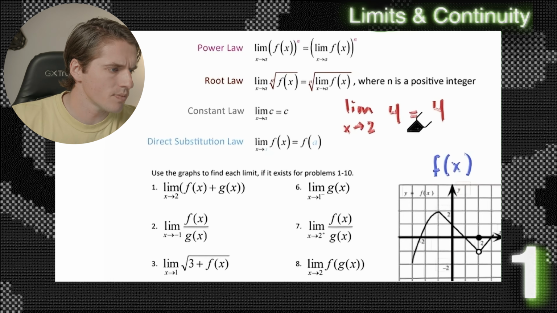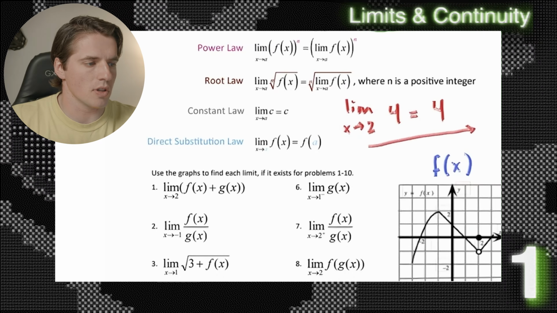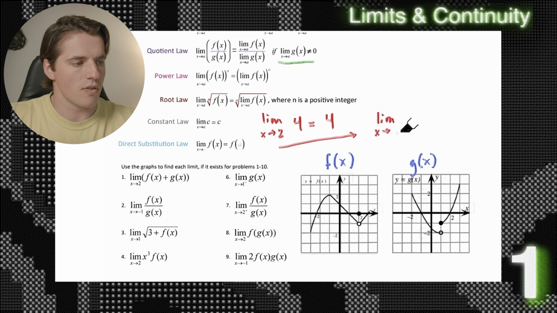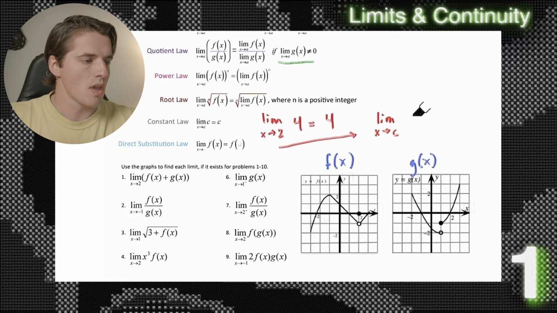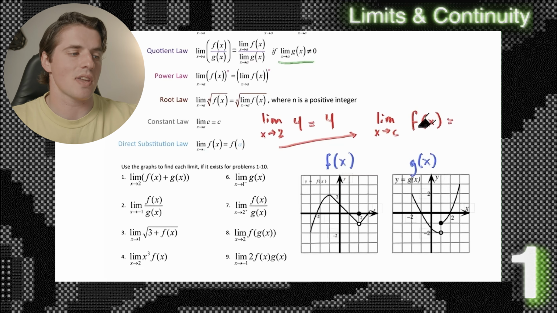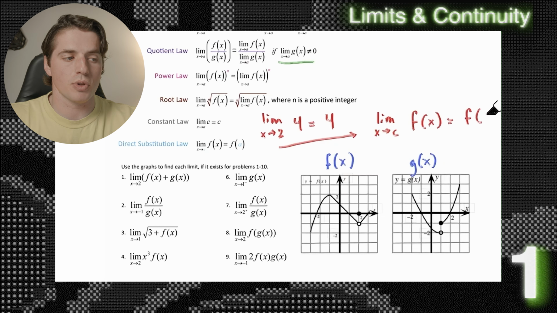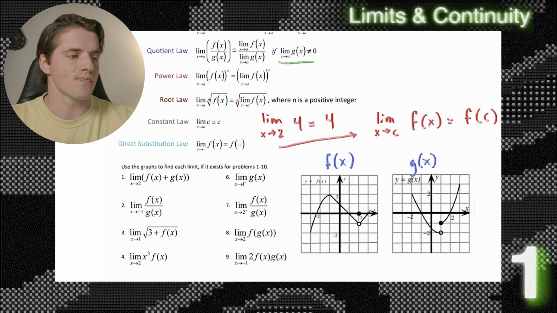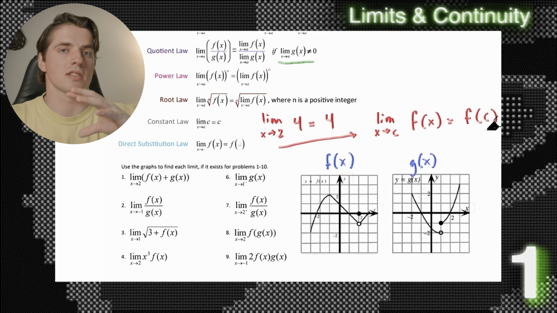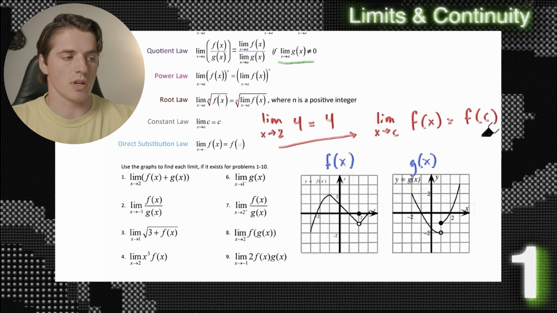And the second one is the direct substitution law. As the limit as x goes to c of f of x, if we have no issues at c, we can just plug c into f of x. So the constant rule and the rule of direct substitution are the most important that we're going to use.